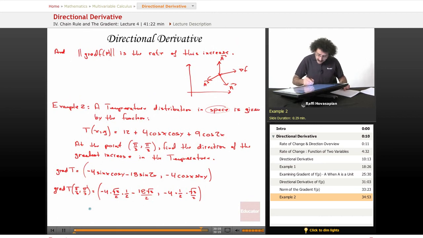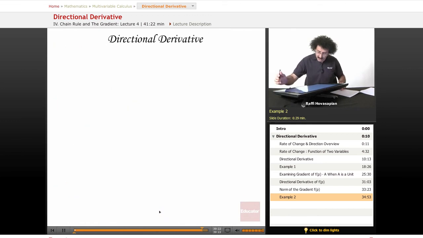Okay, that's going to equal negative rad 3 minus 9 rad 3, and then negative rad 3. And I'm actually going to go on to the next page here because everything's lines here.